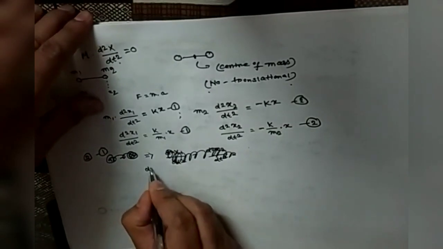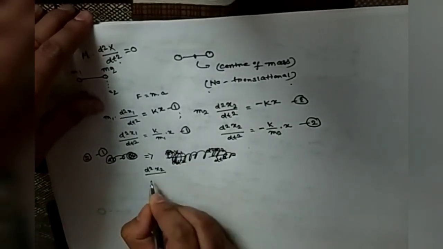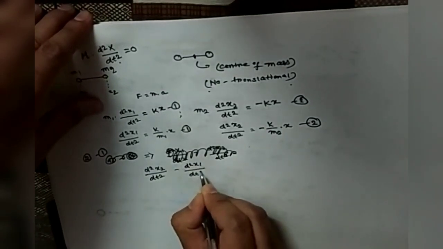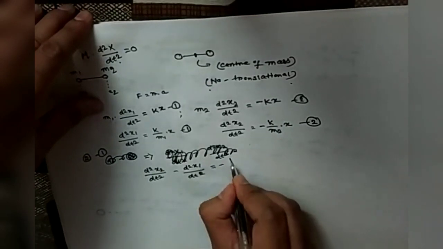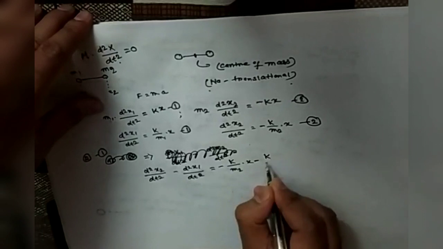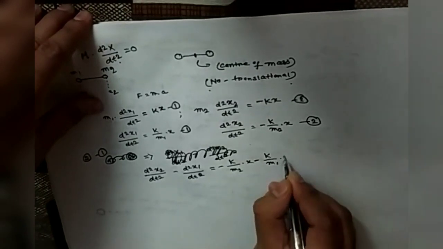So the equation will be d2x2/dt2 minus d2x1/dt2 equal to minus k/m2 x minus k/m1 x.